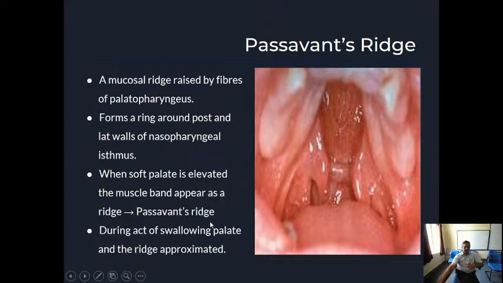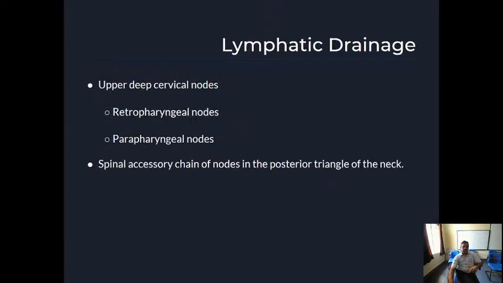This ridge is called the Passavant's ridge, and that valve is called the velopharyngeal isthmus. So that is the demarcation between the oropharynx and the nasopharynx, and the soft palate meets that ridge, and then the food is prevented from going into the nasopharynx during deglutition. That is the important aspect of this.